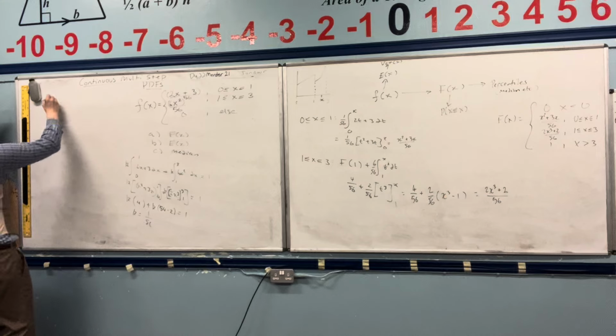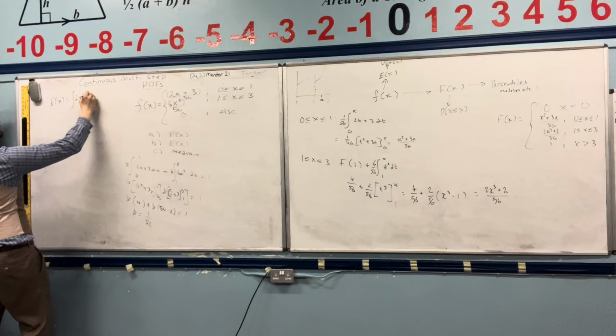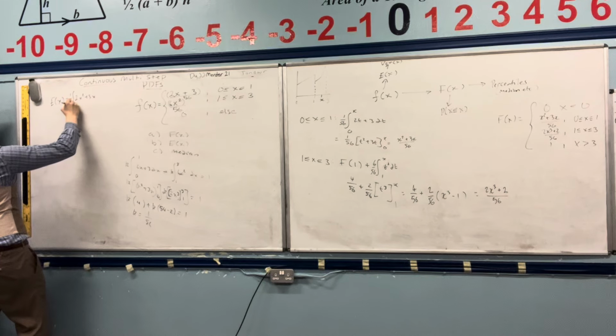So E of x is, it's x we're after, so it would be the integral over the range where we times everything by x. So in this instance, it's the integral of 2x squared plus 3x over 56 between 1 and 0, and then plus the integral from 3 to 1 of 6 over 56.